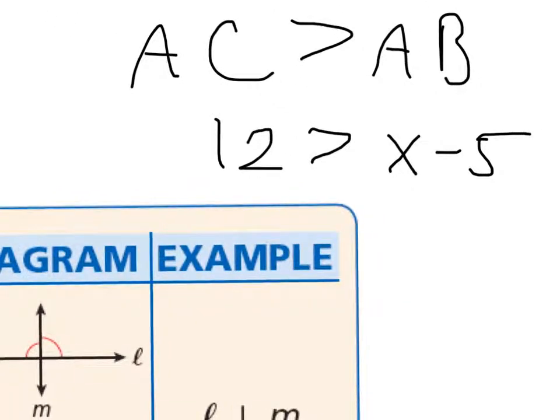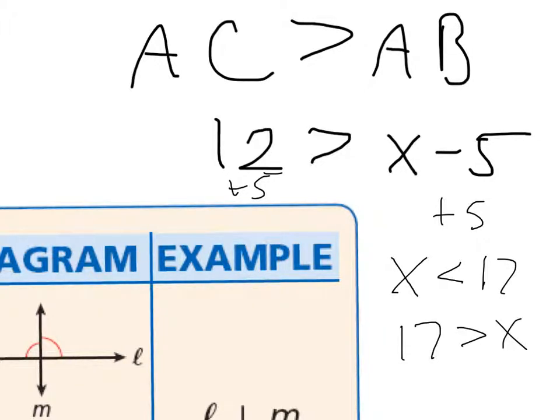Once again, you can solve this inequality rather easily by undoing subtraction with addition, and our x would be less than 17. You could have also written it 17 is greater than x. Either way is the same thing. It doesn't really matter.